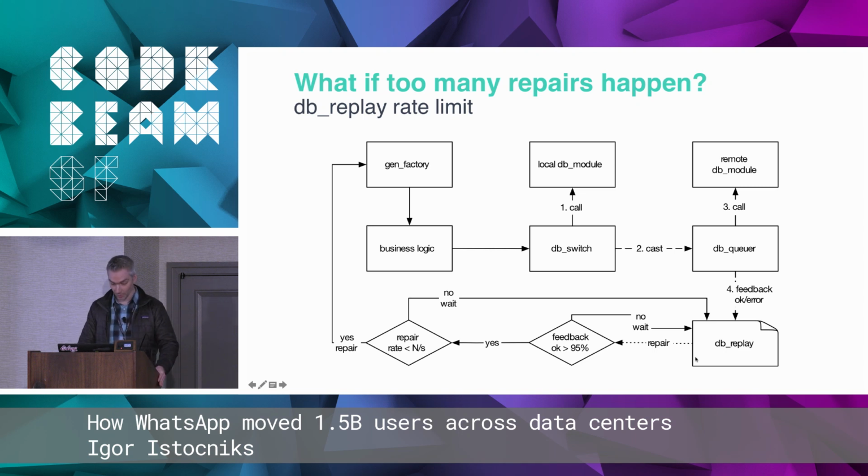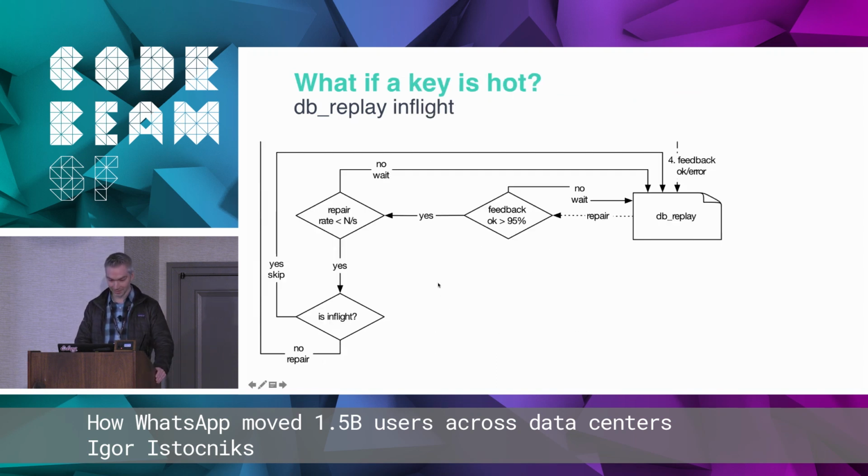All right, now imagine we do all this, and there is one key that is really hot. It's being retried again and again. A million times per second, we get the same key being retried organically, and it gets an error again and again, and we put it in the log again and again, and we retry it, and it's again a never-ending loop. How do we solve this problem? We did this by introducing another concept that checks if the current key is in flight, right?